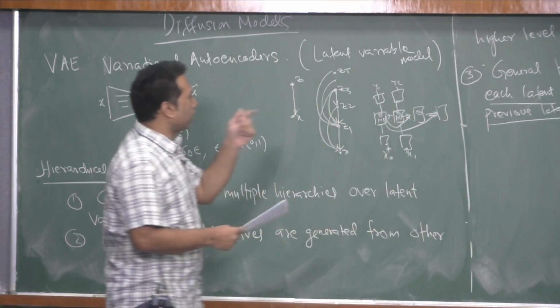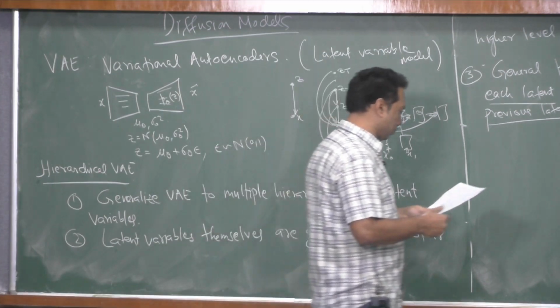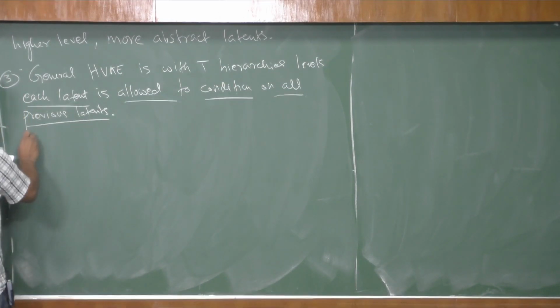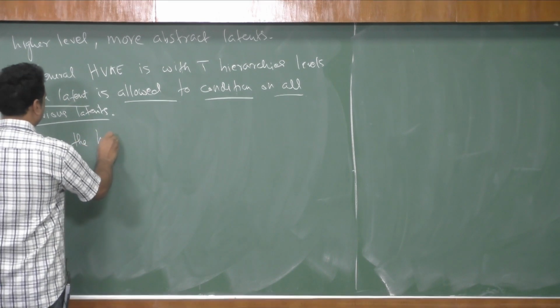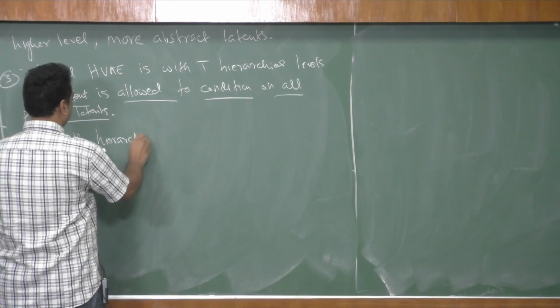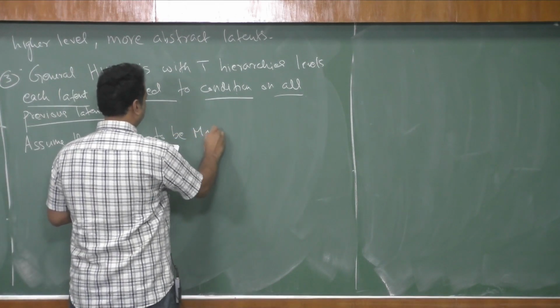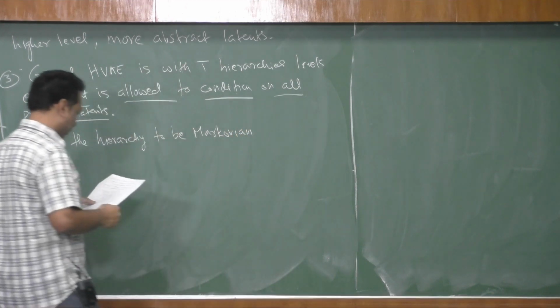So we will make this hierarchy that we are talking about Markovian. Okay, so assume the hierarchy to be Markovian.